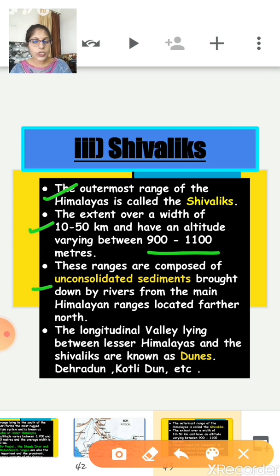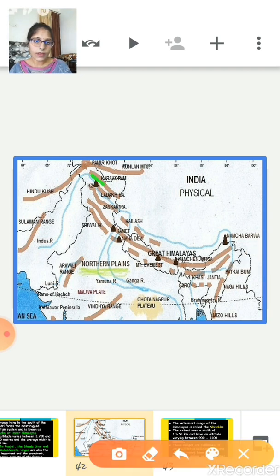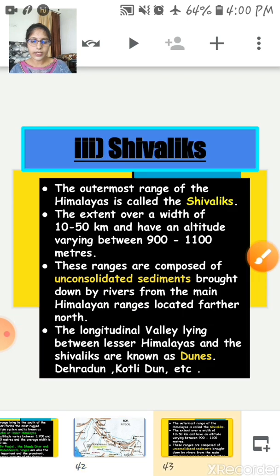Basically this Shivalik range is composed of unconsolidated sediments brought down by the rivers flowing from the Himalayan ranges located to the north. Now the longitudinal valley lying between the Lesser Himalayas and the Shivalik is known as Doon. So basically, between the Lesser Himalaya and the outer Himalaya, that means the Shivalik, right?